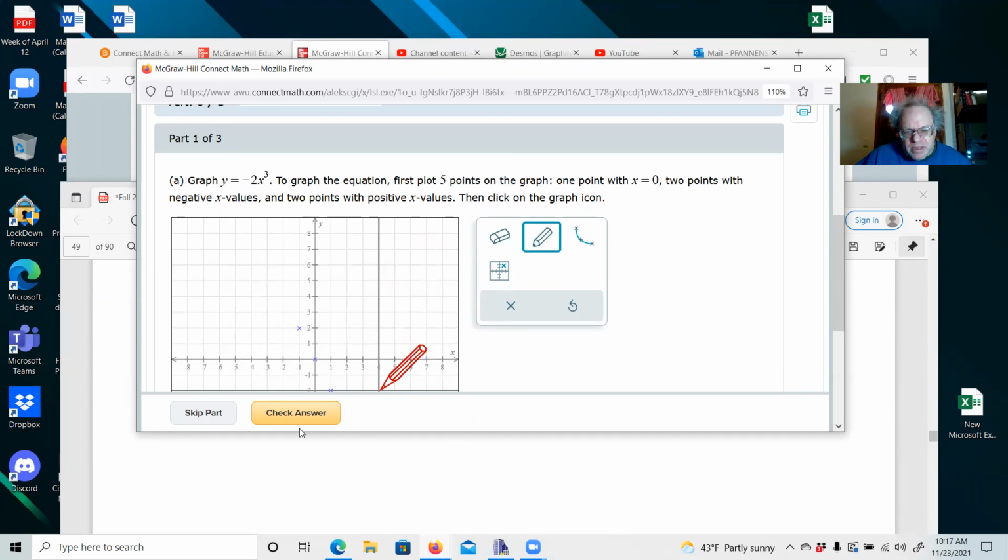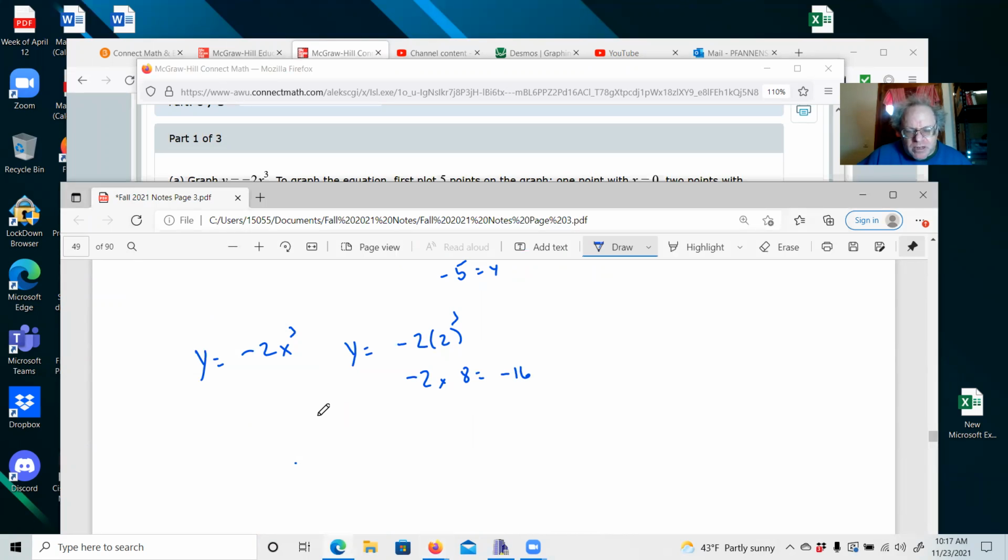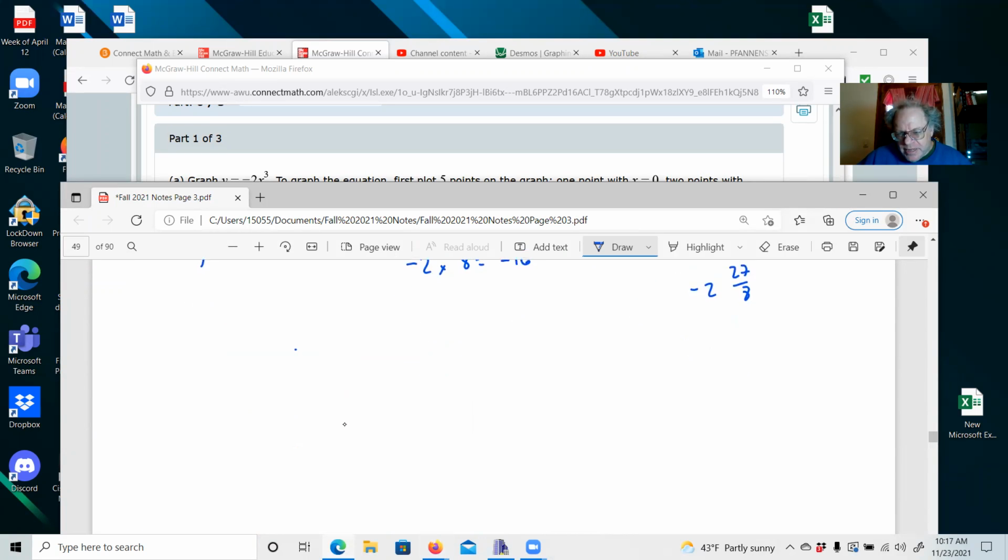Let's try a different point. How about we take 3/2 cubed times negative 2? So this is going to be 27/8 times negative 2. So that'll be negative 27/4.